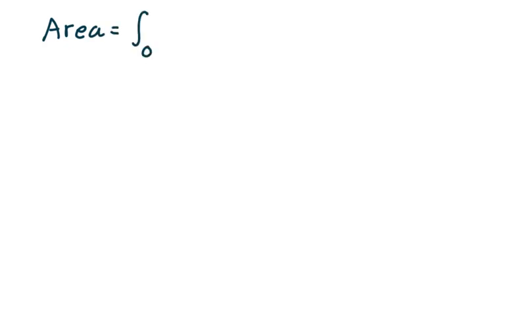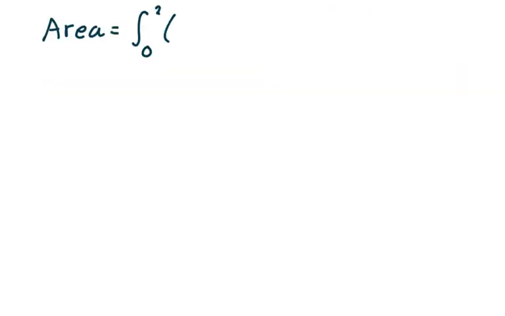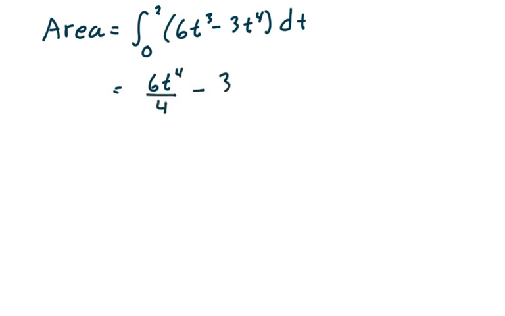This is the integral from 0 to 2 of 6t to the third minus 3t to the fourth, and we're going to integrate this with respect to t. So this will be 6t to the fourth divided by 4 minus 3t to the fifth divided by 5, and we're going to evaluate this from 0 to 2.